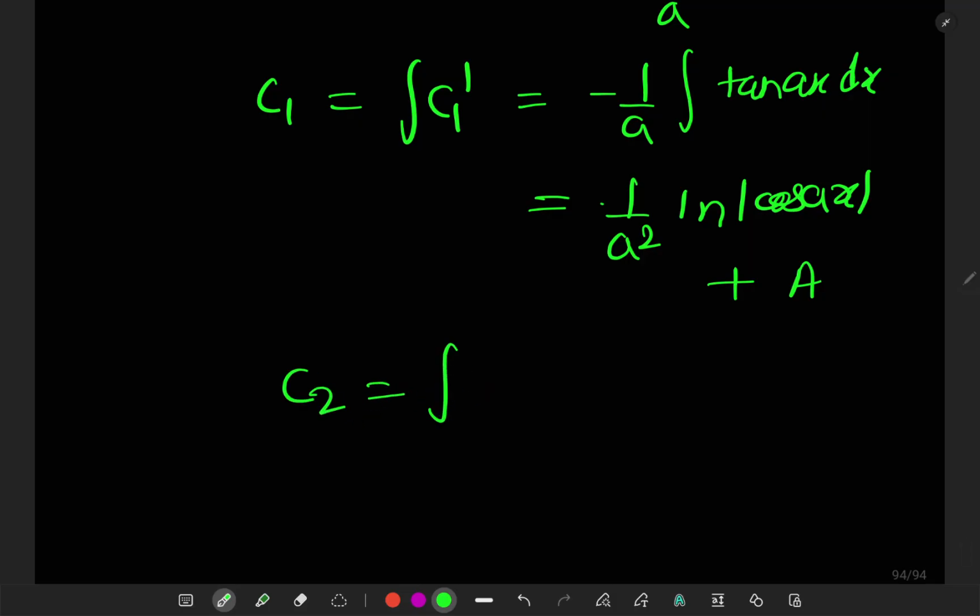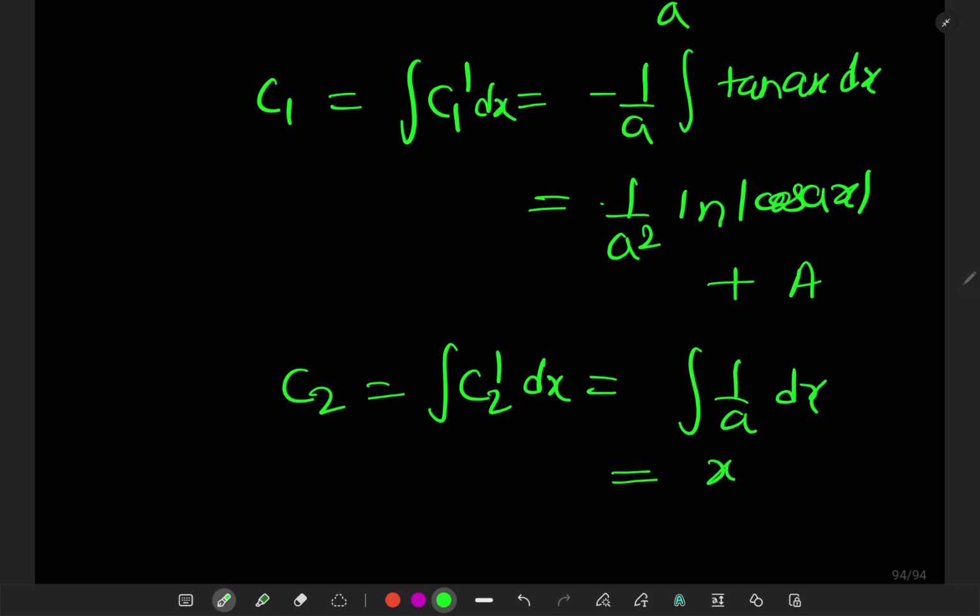And similarly for C2, we get x by a plus b. Now putting this value in the general equation of this method, we get this.